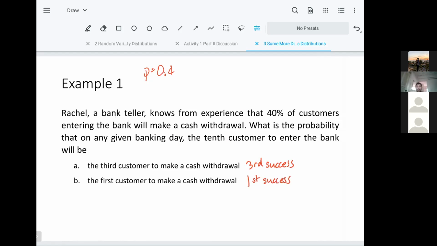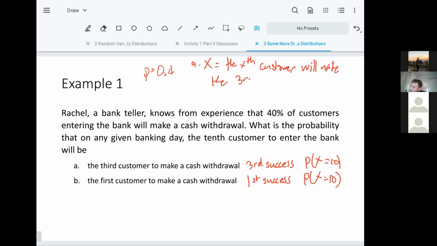Basically we're being asked the probability that x equals 10, but the definition of x differs for A and B. For A, x is the customer who will make the third withdrawal.